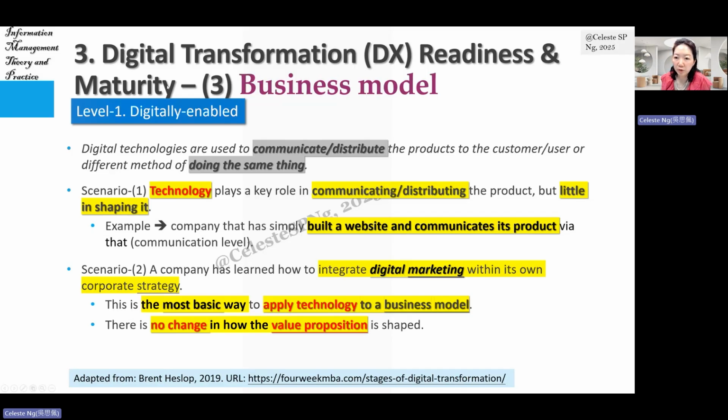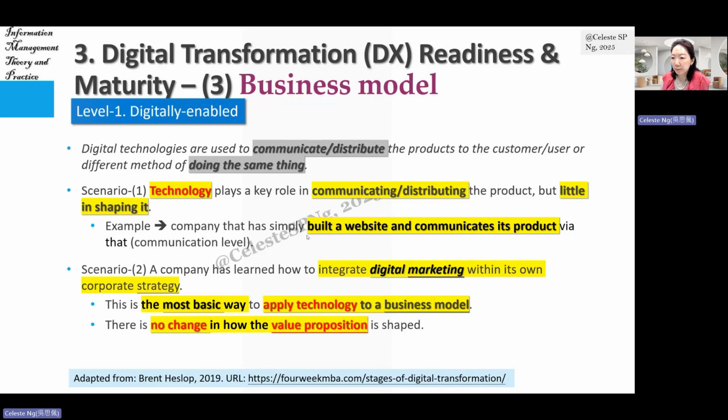let us look at scenario one, whereby technology such as web technology, we are using web applications or a web page in order to communicate a company's product or service online.